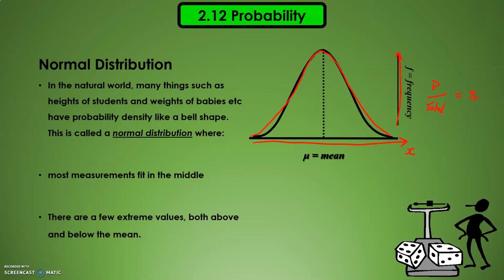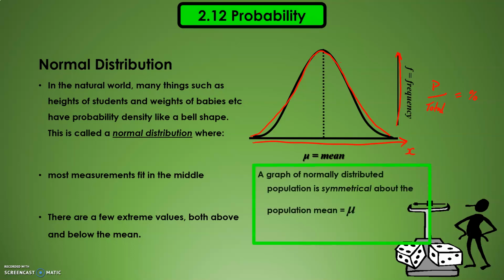But even though the shape is the same, obviously there's two features that won't be the same for all normal distributions. Is the population mean, which we use a Greek letter mu to describe, and also the standard deviation, which we use a sigma to describe as well.